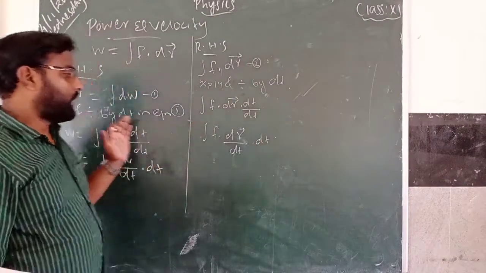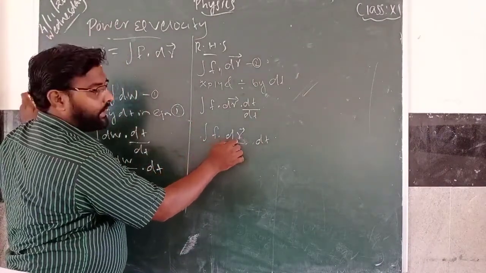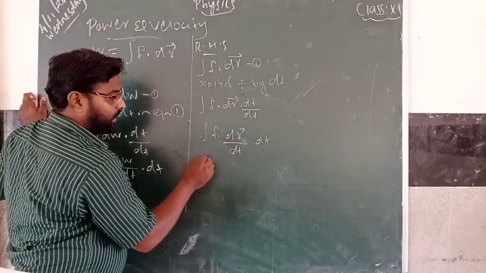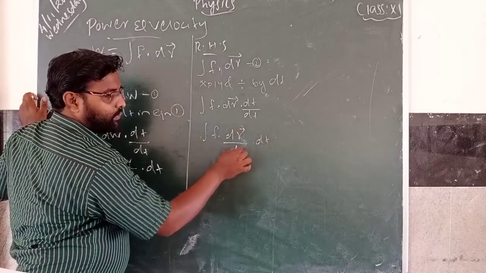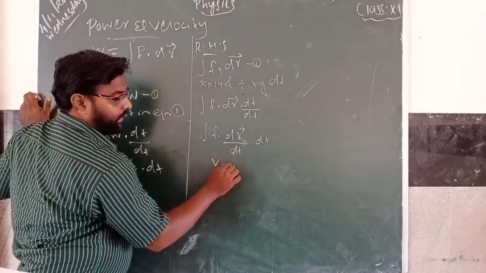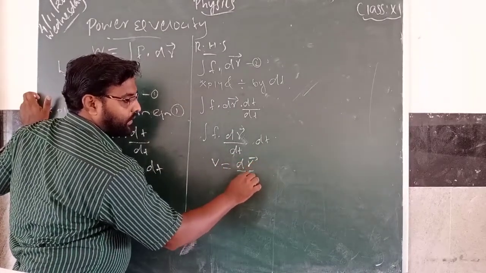Now you know this: r means position vector, dr means displacement. Displacement by time is velocity. v is equal to dr by dt.